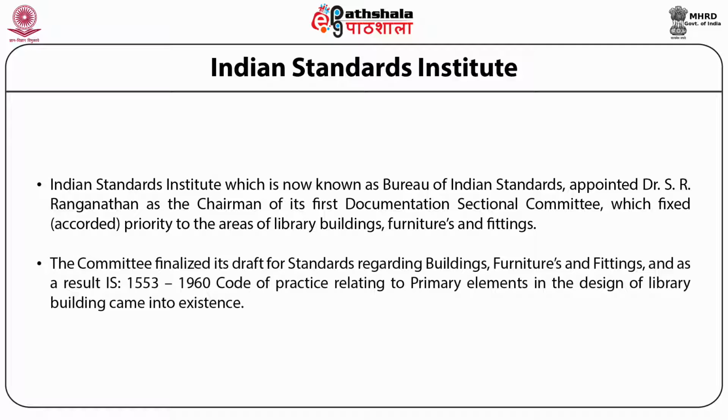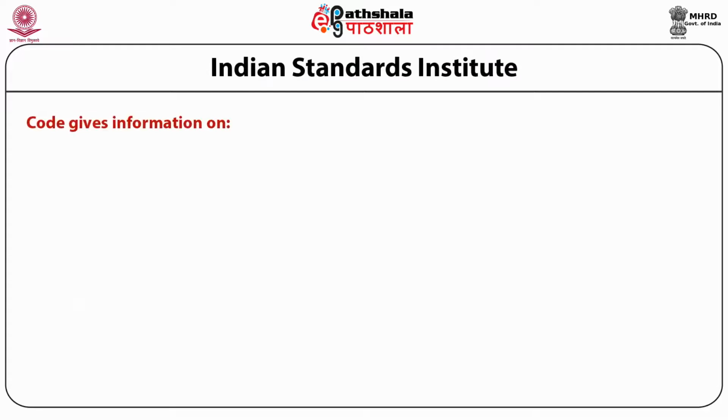The committee finalized its draft for standards regarding buildings, furniture and fittings, and as a result, IS 1553-1960, Code of Practice relating to primary elements in the design of library building, came into existence. It gives information on the following things.